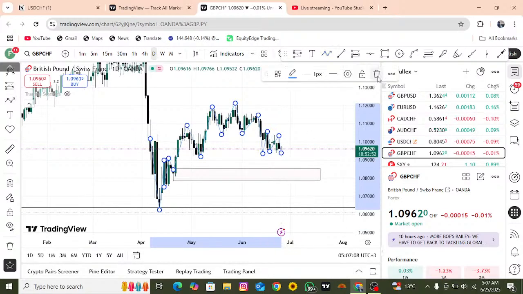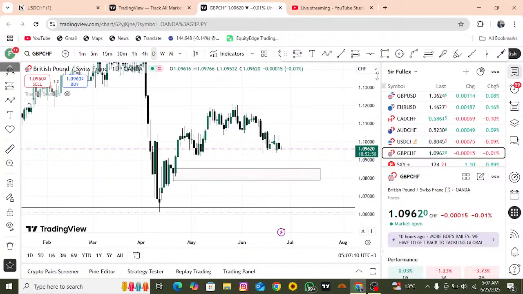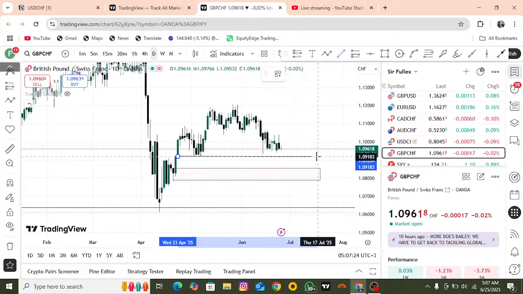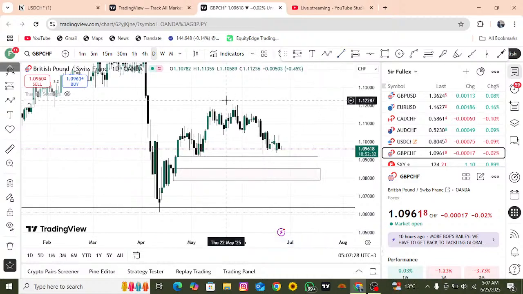So clearly from the daily time frame, I feel like we are going to be strongly bearish. Strongly bearish. I want to take this zone as my zone of interest.